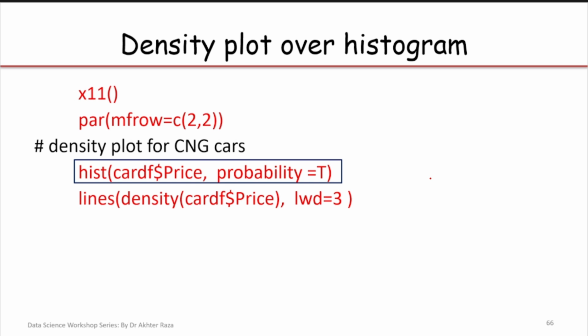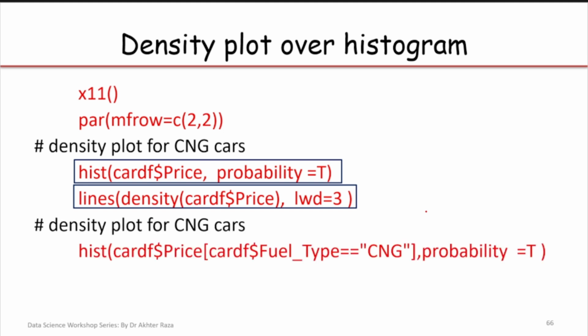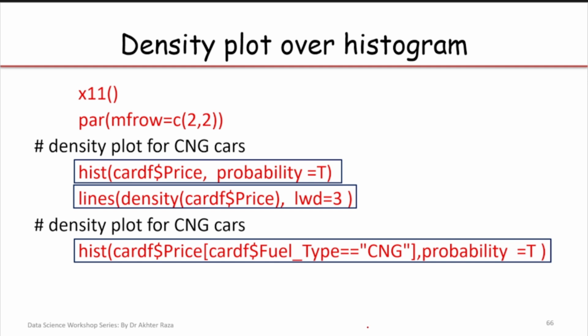This is the next plot by the lines command. It is not a straight line because I am using the density plot of the prices, and the line width is 3. Density plot for the CNG cars, so we can identify CNG cars. The car prices, car DF, fuel type is equal to CNG.